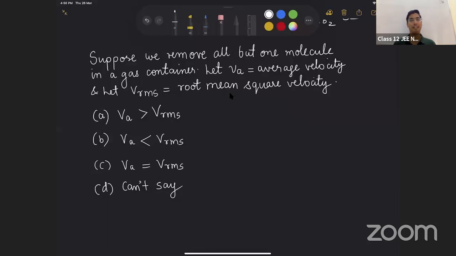94 of you said that you will get this correct. Let me see. Remember that we have removed everything but only one molecule, so the container has only one molecule. Okay, I see 129, 130.